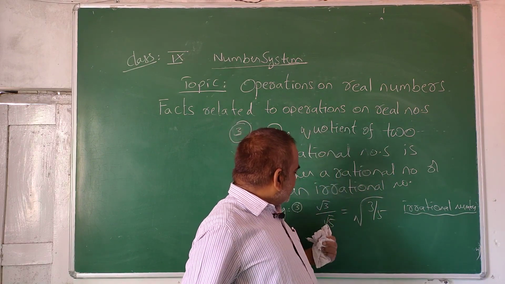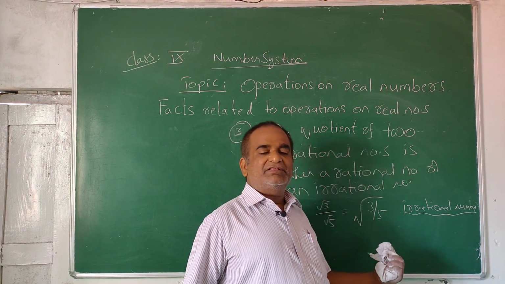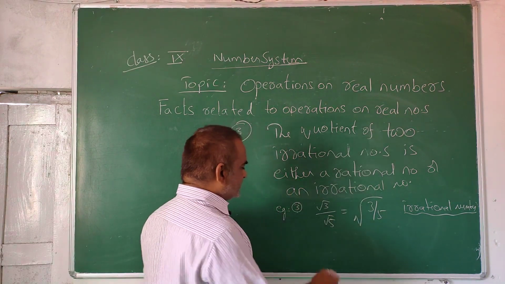So here the quotient of two irrational numbers is again an irrational number. In the previous two examples, the quotient is a rational number. Now here it is an irrational number.